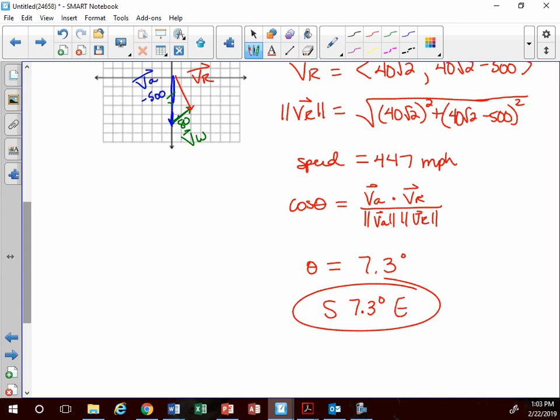Make sense? Will that be how we have to write it on our test? Yep. Again, please pay attention to the signs, the pluses and the minuses. Please pay attention to which two vectors you're actually using. If you were initially going south 10 degrees east, then would that be 17 degrees south?